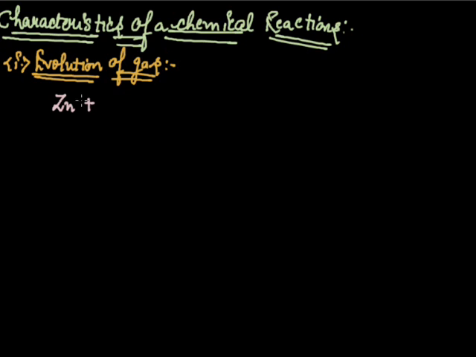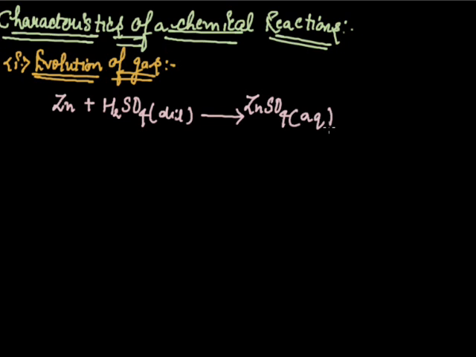When zinc reacts with dilute H2SO4, it forms ZnSO4, which is aqueous, plus hydrogen gas. Here the hydrogen gas is evolved, so we can say there is an evolution of gas.